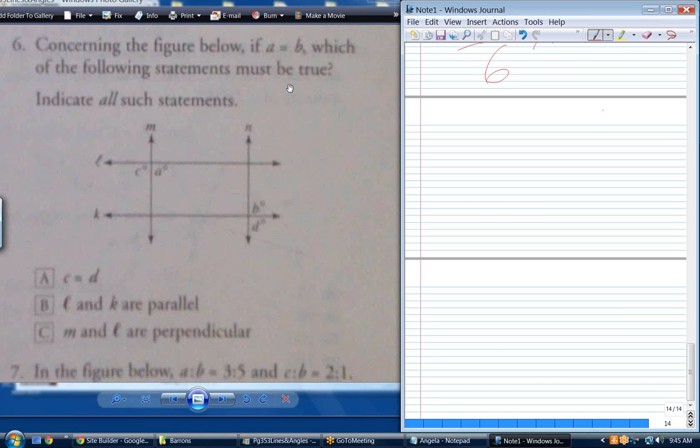Okay? If I had a bunch of sticks and I took line K and line N and held this angle right here fixed and rotate those two sticks, I don't care how much you rotate them. You can rotate them 1 degree or 2 degrees.